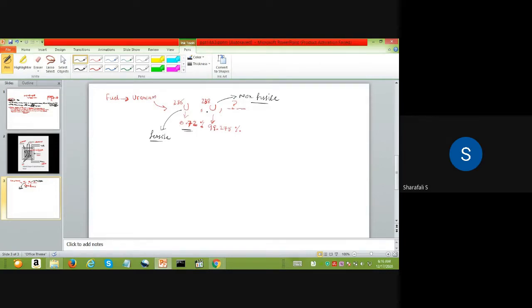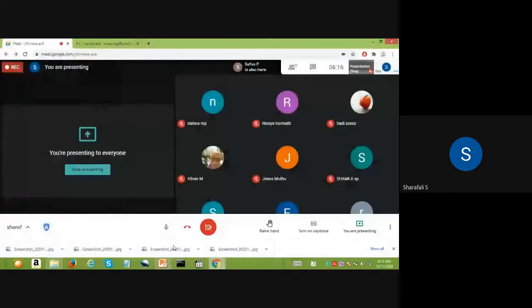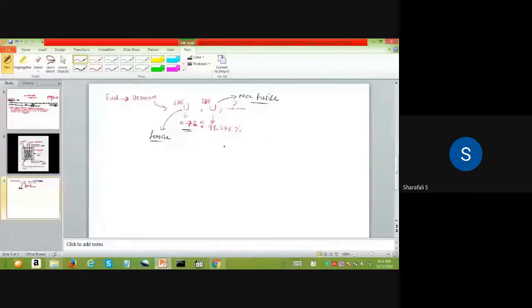But when you consider the sample extracted from the earth's crust, after all the chemical processes are done, you get a uranium compound, and that uranium itself has 99.275 percent uranium-238 and only 0.72 percent uranium-235 and some other uranium isomers.